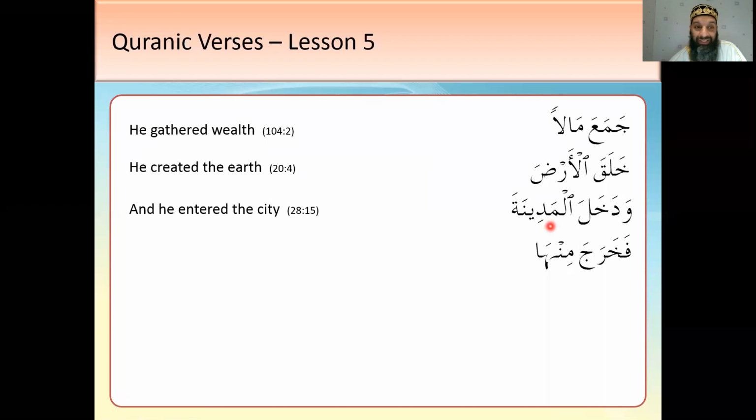Because the city is mansoob. The city isn't doing the verb. In fact, the city is the object, having the verb done to it. So وَدَخَلَ, and he entered. Who? We don't know. It's not mentioned. There's no marfu word, so we don't know who. We just know it was he, someone. But he entered Medina, because Medina is mansoob, having the verb done on it, but we don't know who the doer is in this case.